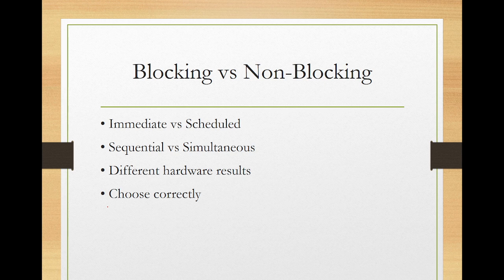Let's compare blocking versus non-blocking. Blocking assignment, immediate update, sequential behavior, one statement at a time. Non-blocking assignment, scheduled update, simultaneous behavior, hardware friendly. One models a queue, the other models real registers. That's the key difference.